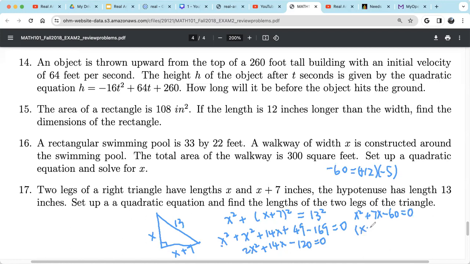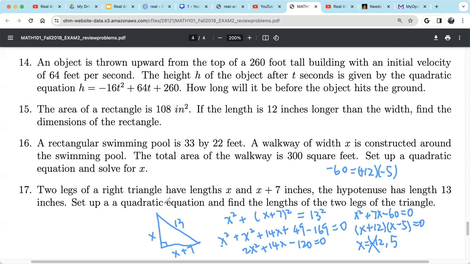That means this can be factored as (x plus 12)(x minus 5). By the zero property, each factor can be 0, so x can be negative 12 or positive 5. But we don't measure length negatively, so we reject negative 12. Just go with 5. So x is 5.